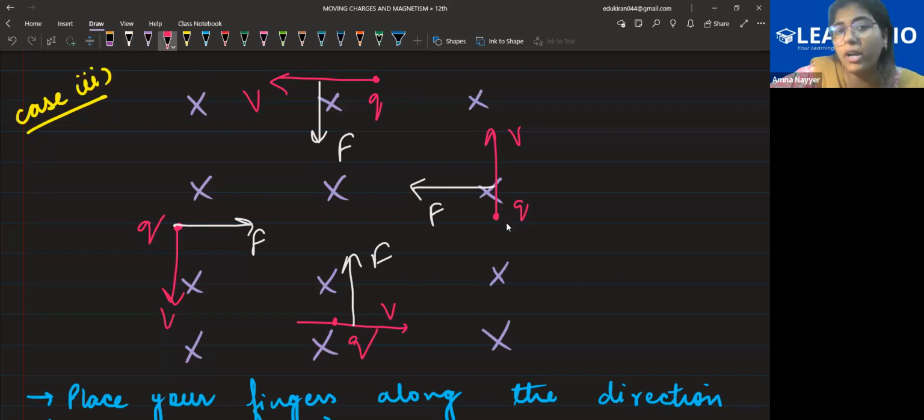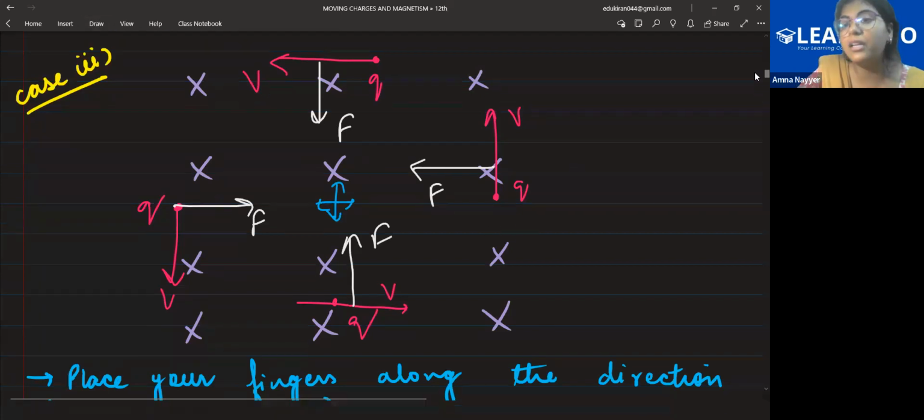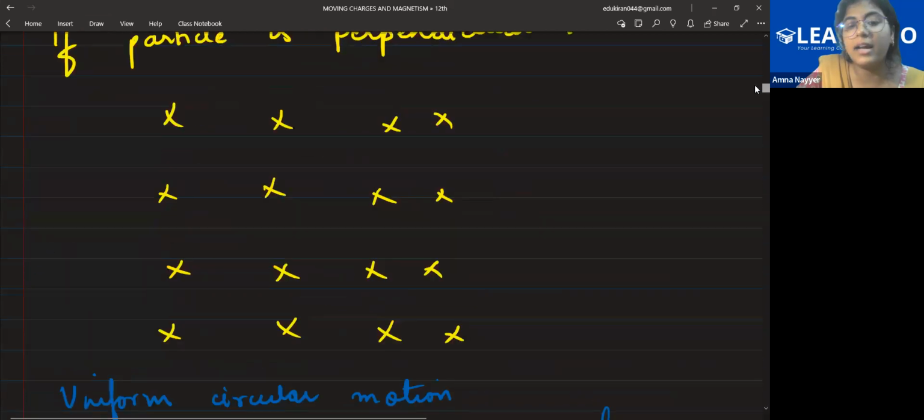All the forces are pointing at the center, right? Every point is pointing at the center. So if I join all the charges and make it in the form of a circle, all the magnetic forces are pointing towards the center. It means the centripetal force is being provided by the magnetic field.